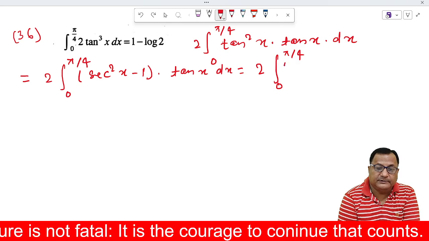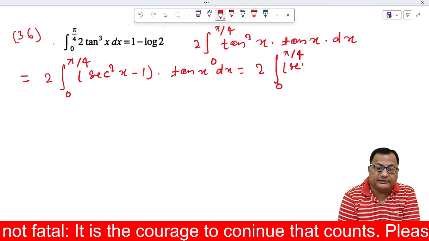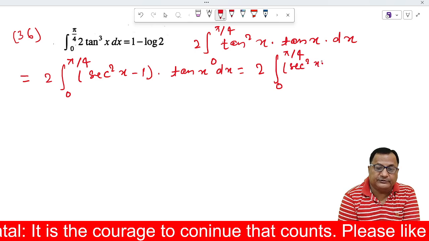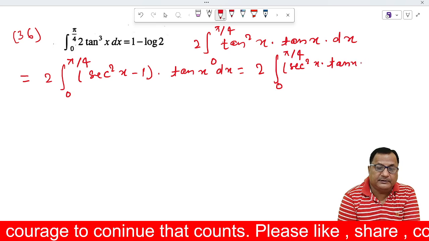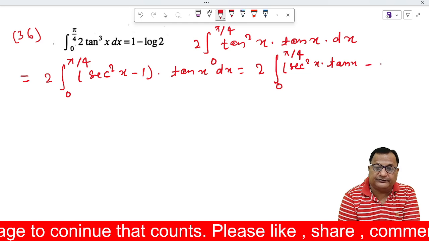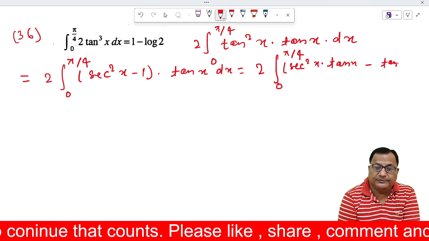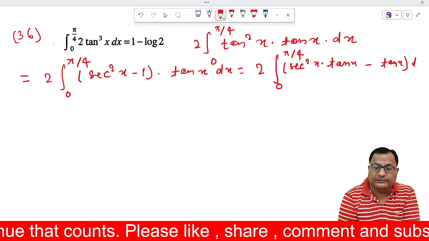Multiplying this, we get sec square x into tan x minus tan x dx.